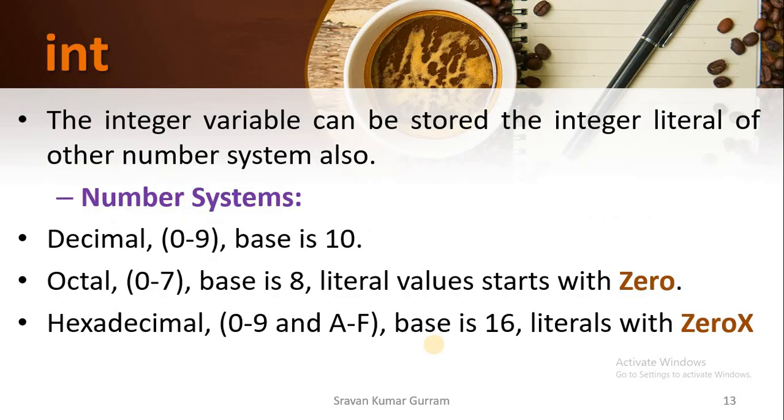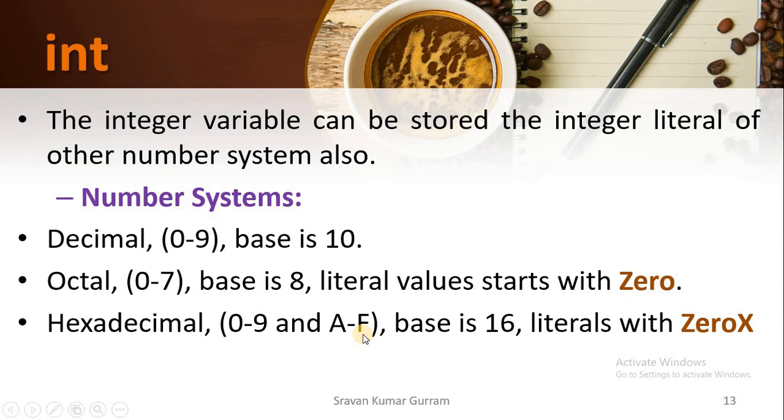Next number system is hexadecimal number system. Hexa means 6, decimal means 10. So totally the hexadecimal number system supports 16 different digits and characters. Those are 0 to 9 and A to F. 0 to 9 is one set, and in the second set we have the letters A to F. Capital A or small a, both are valid. A represents 10, B represents 11, C represents 12 and so on.